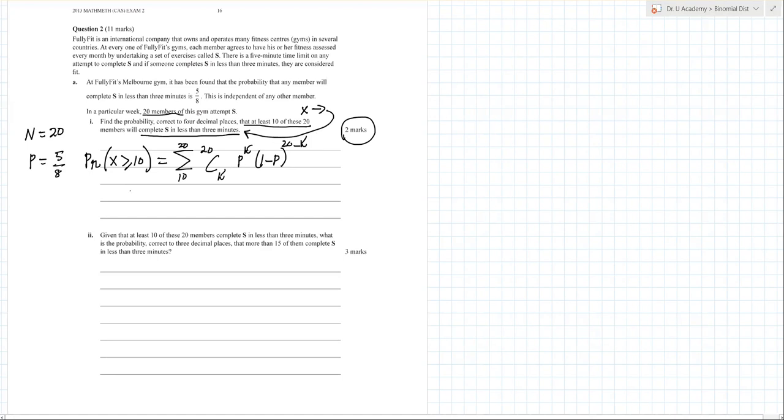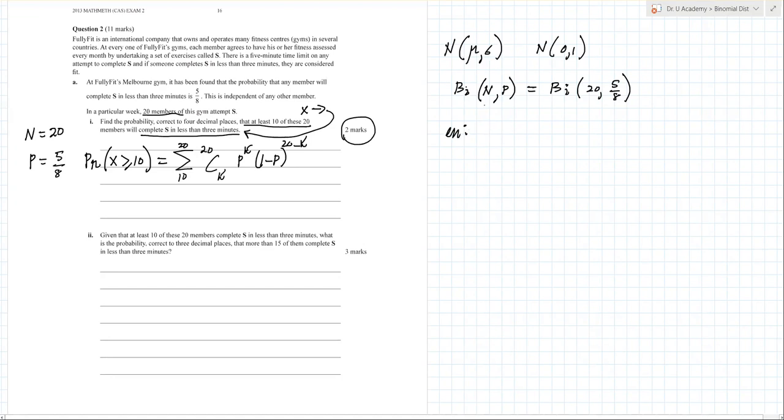You have the CAS. In a normal distribution, you have mu and sigma. In the standard normal distribution, you have 0 and 1. How do you describe a binomial distribution? To say binomial, you have N and P. So you can say binomial, N is 20 and P is 5 divided by 8.